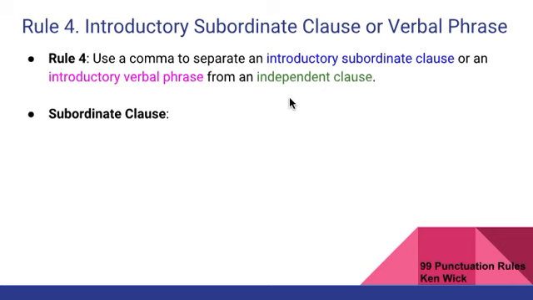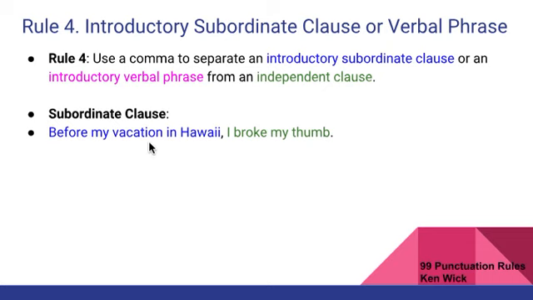You put a comma there. Some examples of an introductory subordinate clause: before my vacation to Hawaii. So this is the subordinate clause, and then it precedes the clause, I broke my thumb.